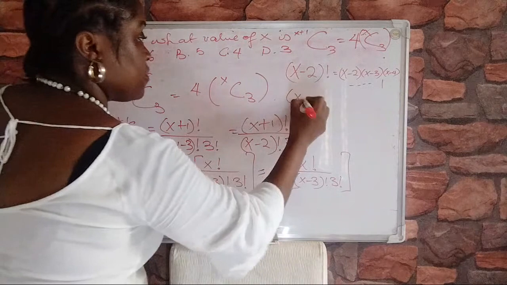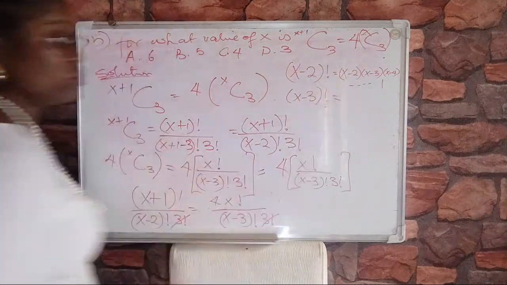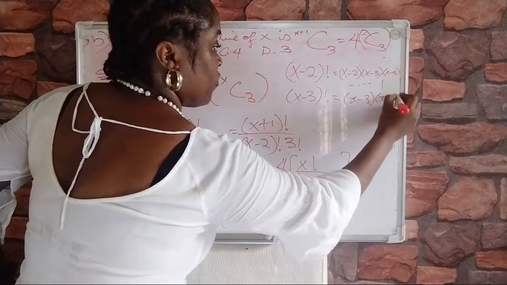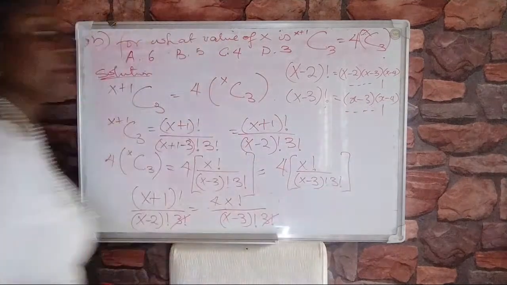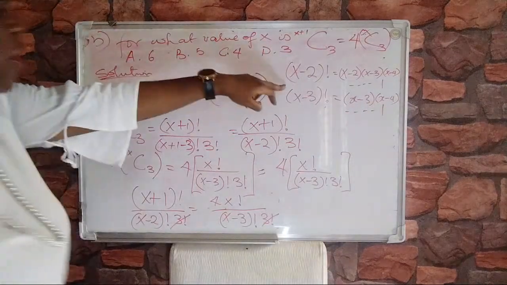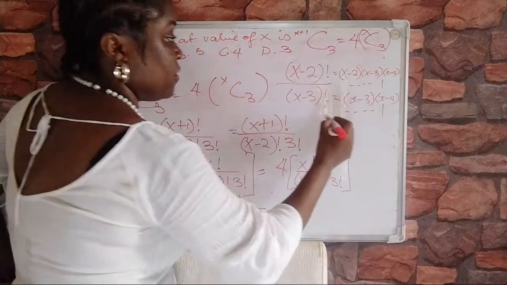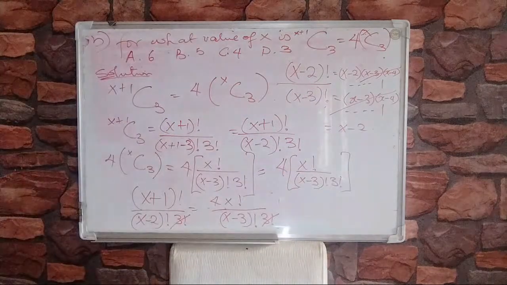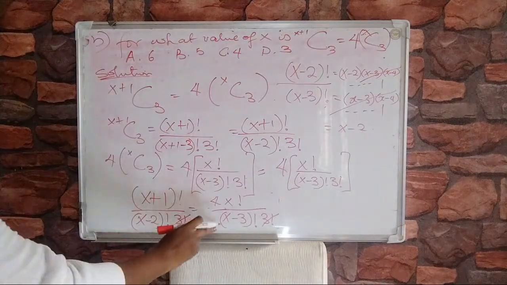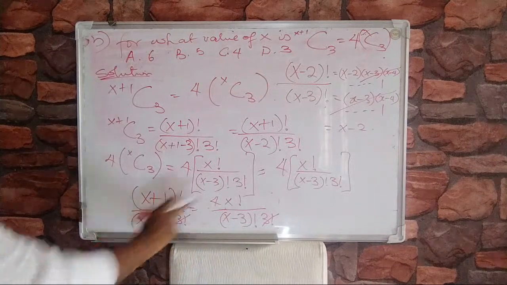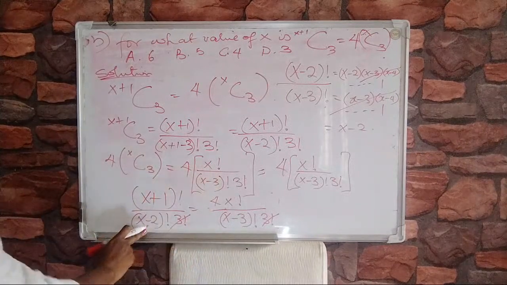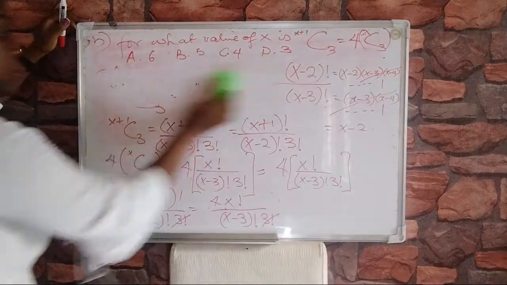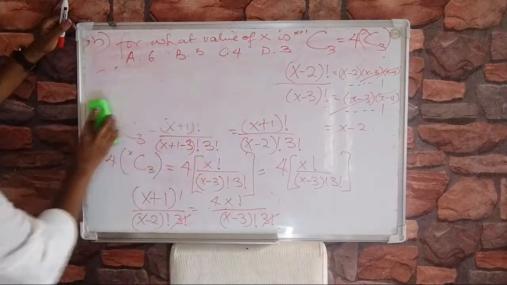While x minus 3 factorial is equal to x minus 3 times x minus 4, and so on till 1. So if these two are dividing each other, this will cancel this. So the answer will be x minus 2, right? So imagine if this went up and this came down, I'll have to clean this part once again. Okay.